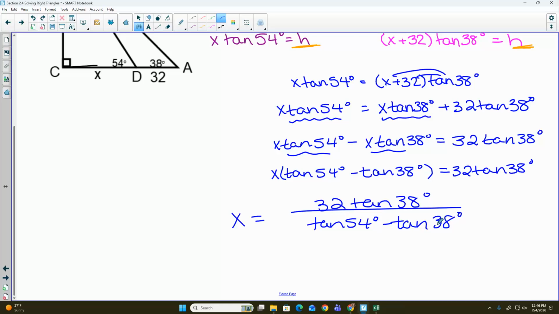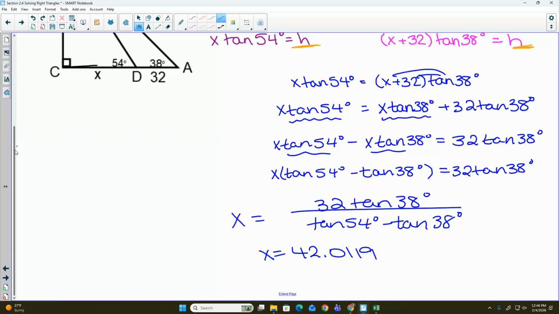Make sure you close your parentheses after you type in the angles. Did you guys get 42.0119?